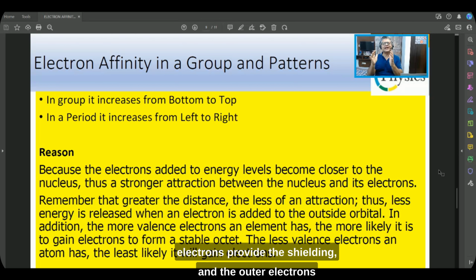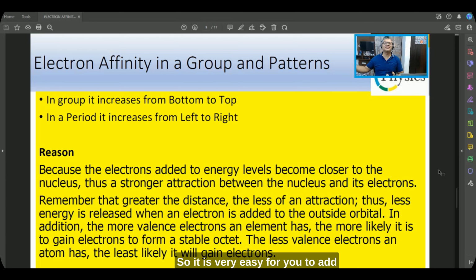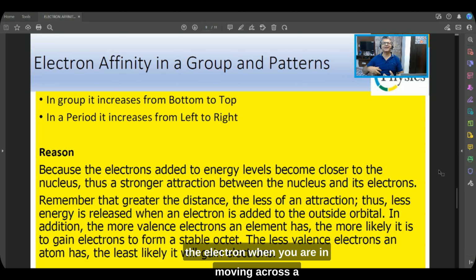The core electrons provide the shielding, and the outer electrons face less attraction from the nucleus. So it is very easy to add the electron when you move across a period to the right-hand side, because the effective charge has become very, very powerful.